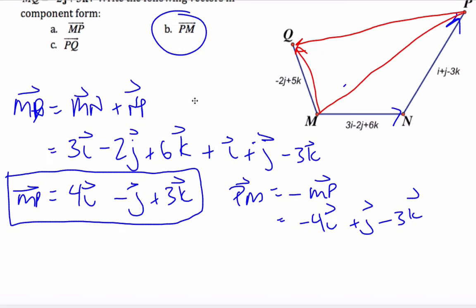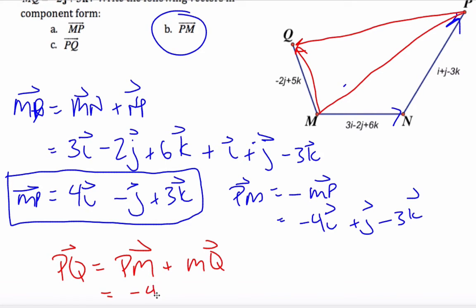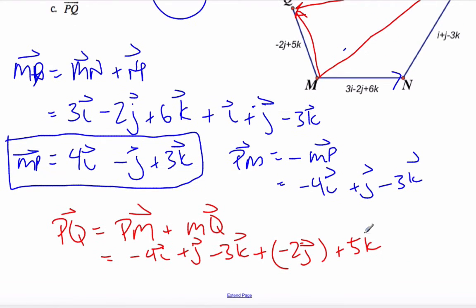So putting this together, PQ is equal to PM plus MQ, which is negative 4I plus J minus 3K plus MQ, which is negative 2J plus 5K.